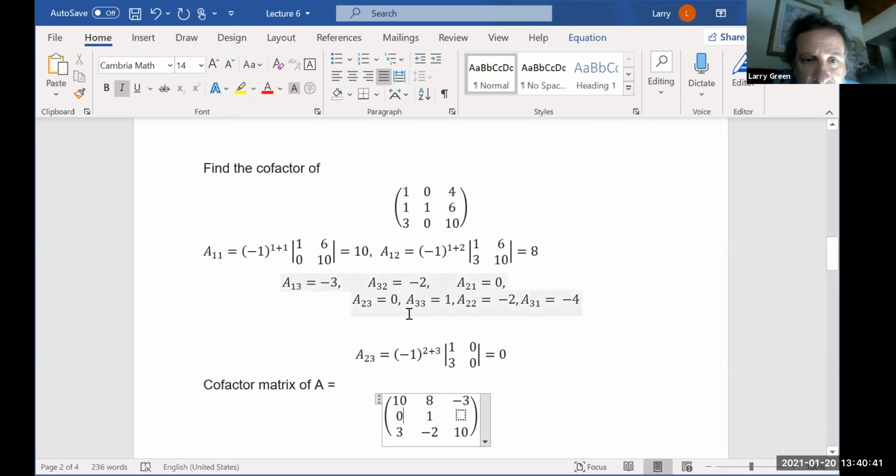And 2, 3 is a 0. So that's second row, third column is a 0. 3, 3 is a 1. 2, 2 was a -2. 3, 1 was a -4. Any questions on the cofactor matrix?